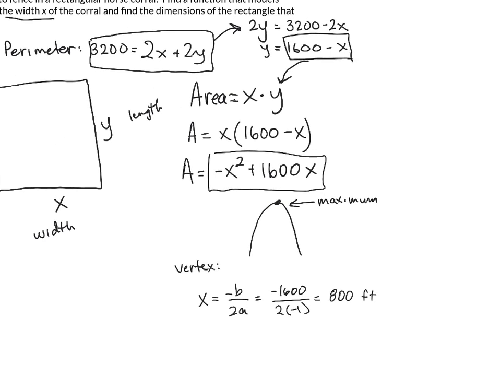Now the y value, or the length, we can get from this equation here. y is equal to 1600 minus x, and we know that x is 800, so y is 1600 minus 800, which is 800. So the width is 800, the length is 800.